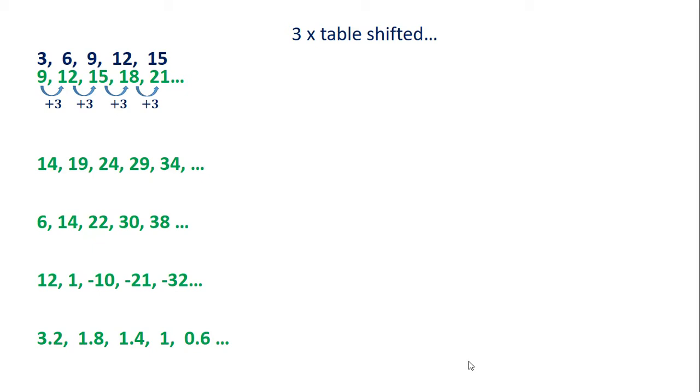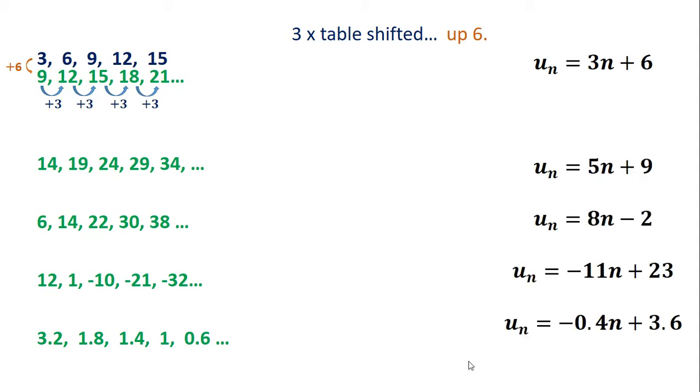And every single time, to get from the 3 times table to the sequence, we have to add 6. That means that the green sequence that we had originally is the 3 times table shifted up 6. So the formula for term number n, u_n, is going to be 3n plus 6. The answers for the other ones are up there now for you to have a look at.